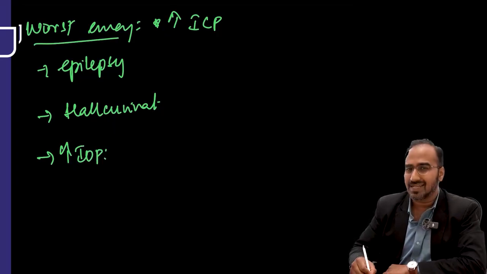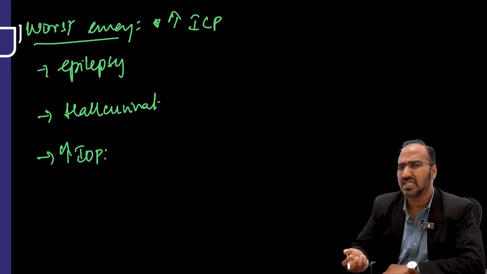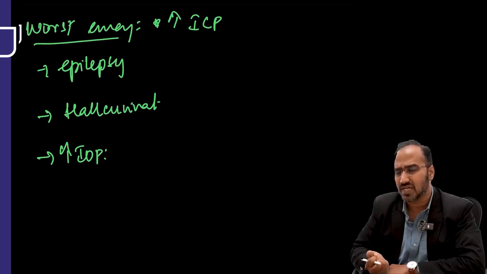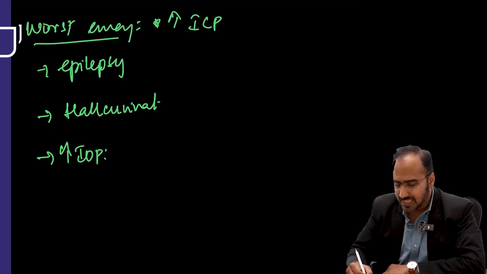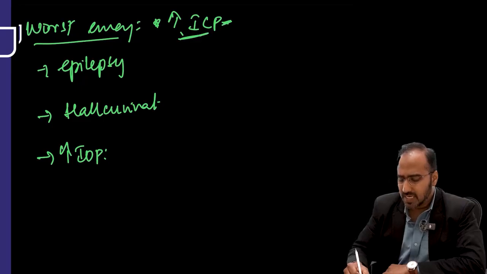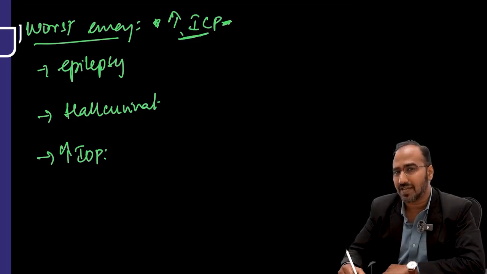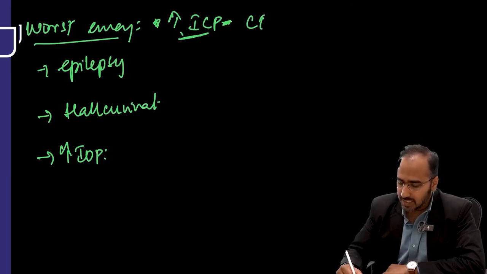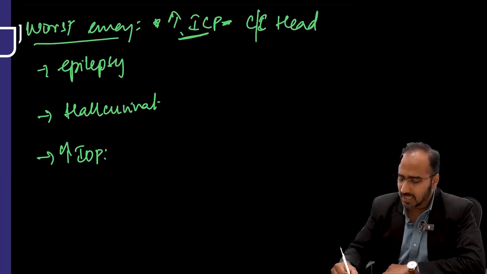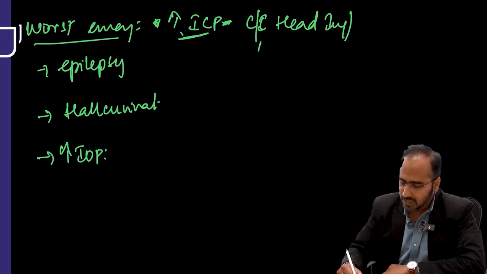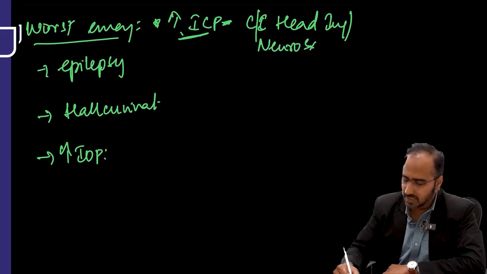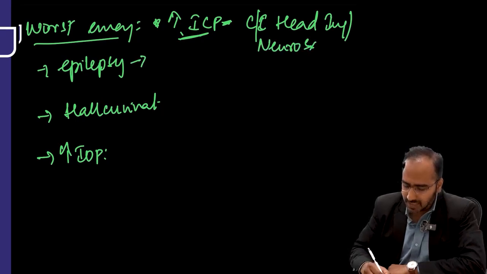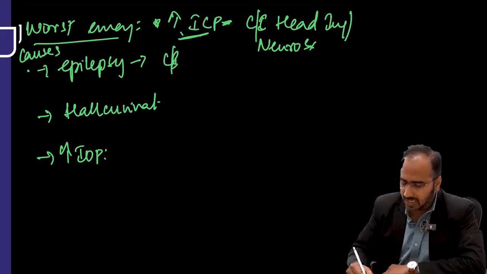As it is making things worse for CNS, it is the worst enemy. Hence, as it increases intracranial pressure, can you give ketamine in a patient who has a head injury? No, sir. Ketamine is contraindicated in head injury and neurosurgery. Next, as ketamine causes epilepsy, it is contraindicated in epileptic patients.